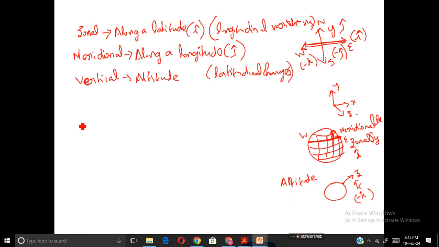Now when we are talking about velocity, the zonal velocity or east to west velocity is basically known as u. When we are considering u, the changes are basically in the x direction or dx. The longitudes are changing.